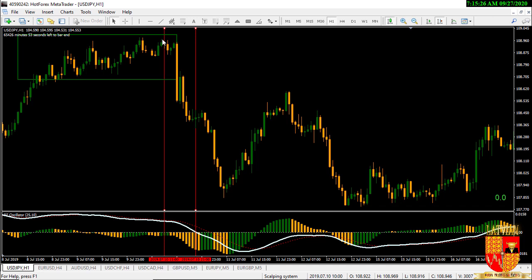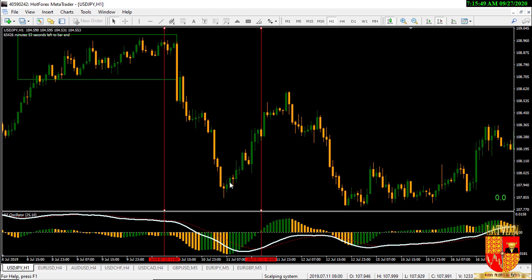And then the next thing you're supposed to do is we wait. We wait until this impulse move to the downside finishes, and then we have a retracement that would have started.